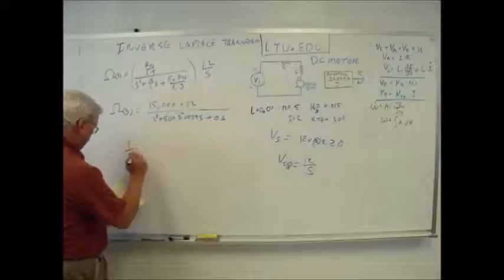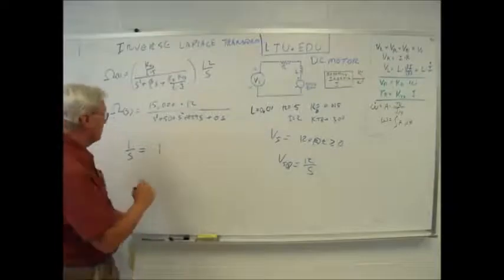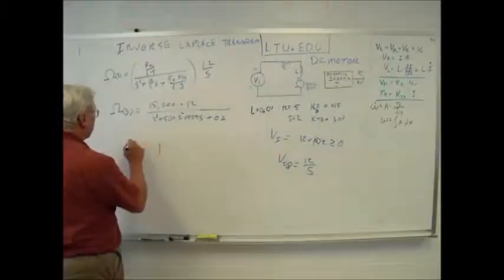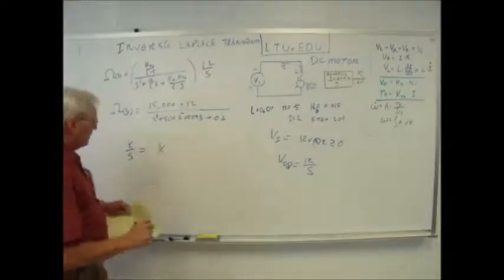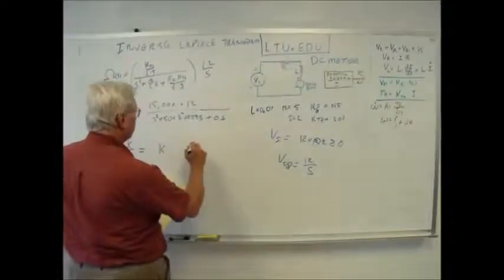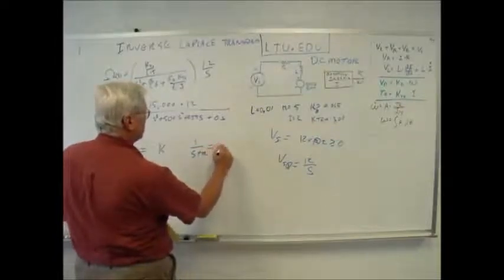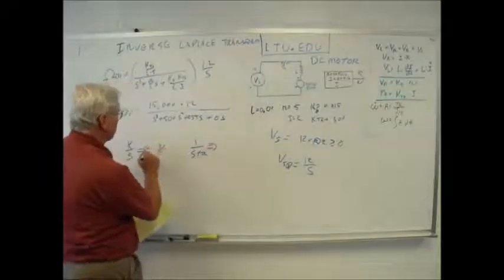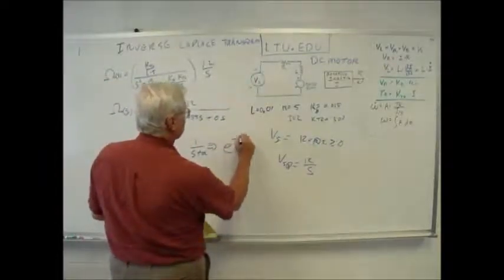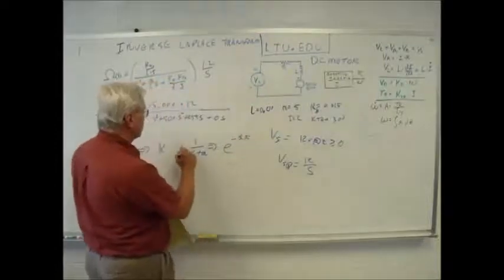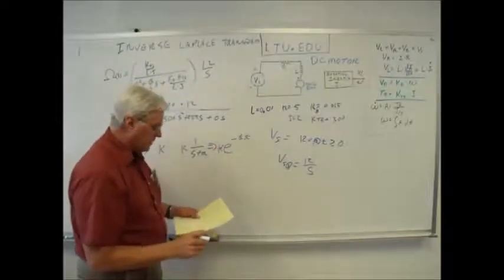1 over s. That's equivalent to just 1 in time domain, function of time. If I have a constant, k over s, I get k. Okay. 1 over s plus a is a common one, and that transforms into e to the minus at. And again, if there's some constant k here, there's a constant k there. It's not a problem.